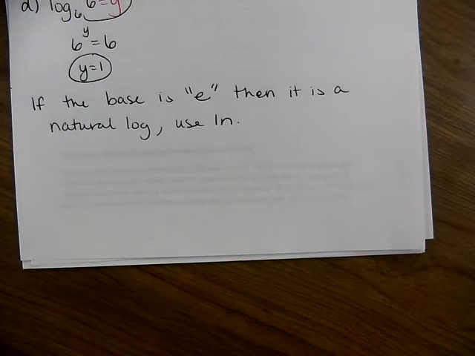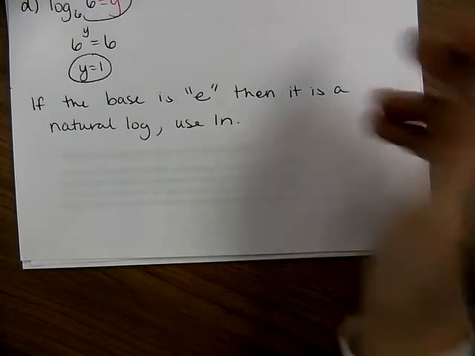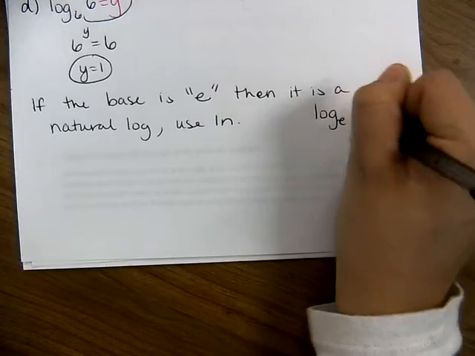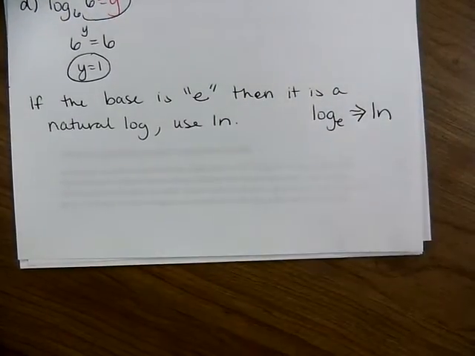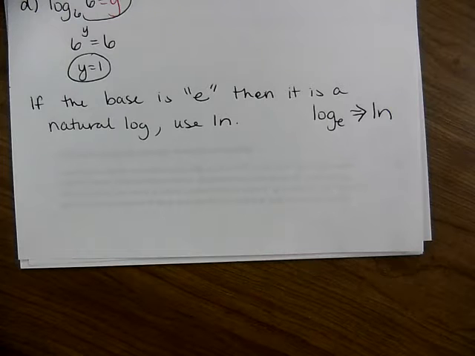It's on the left-hand side, and it's just below the log button. ln stands for natural log, and it's just when you have log base e. Log base e is equal to natural log. We do not write log base e, we write natural log. It's the natural base. Just like when we have log base 10, we don't write log base 10, we just write log. Okay?